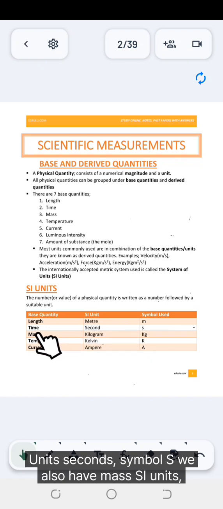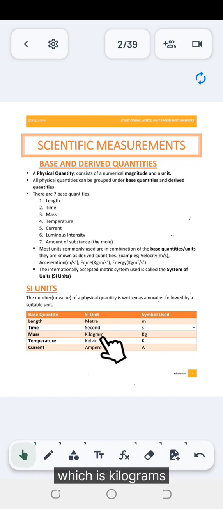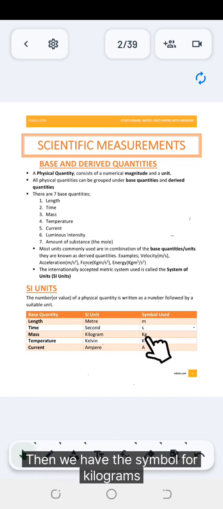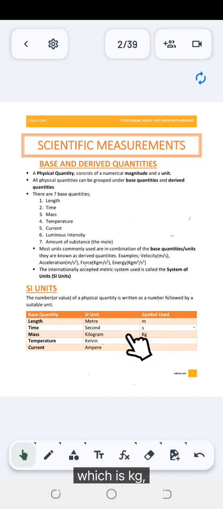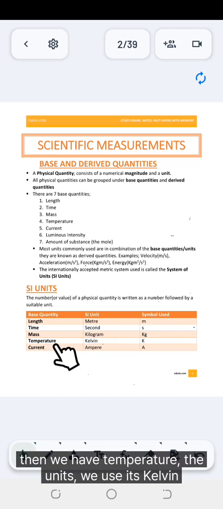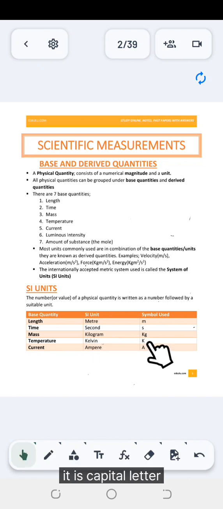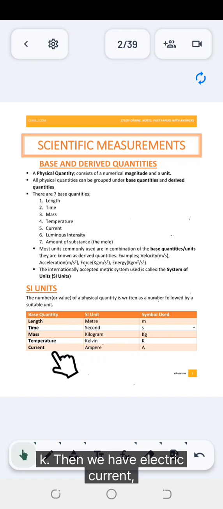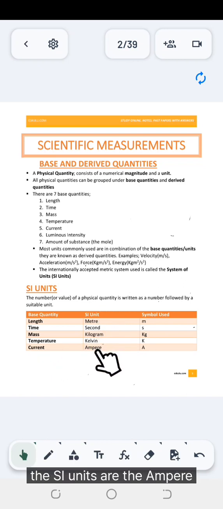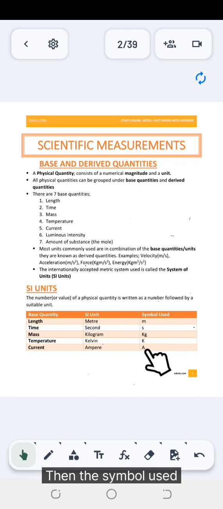We also have mass, whose SI unit is kilograms, with the symbol kg. Then we have temperature, the unit we use is Kelvin, and the symbol is capital letter K. Then we have electric current, the SI unit is the ampere, and the symbol we use is A.